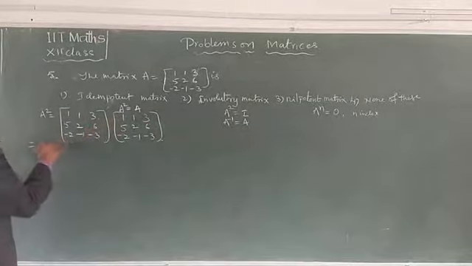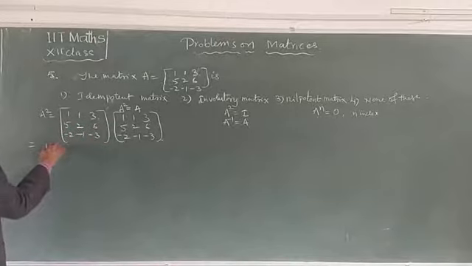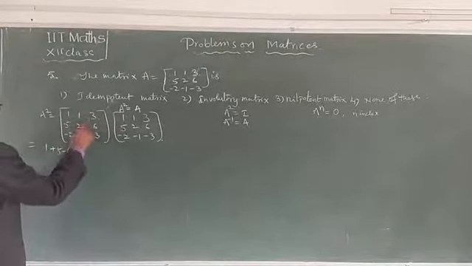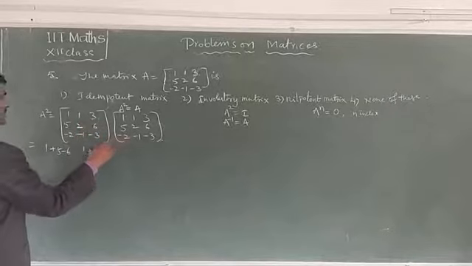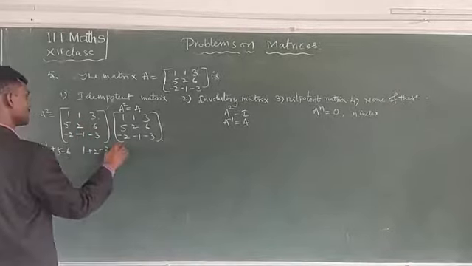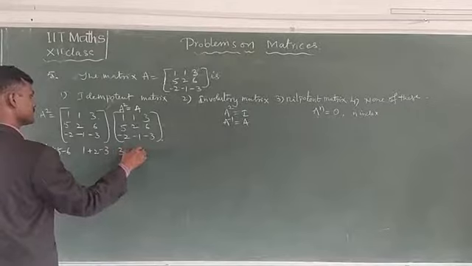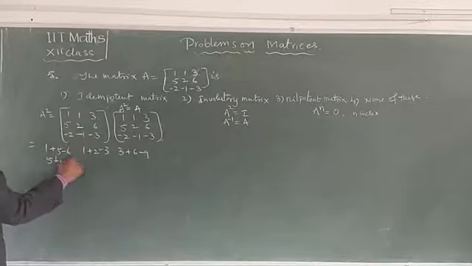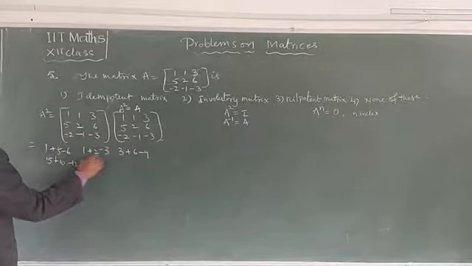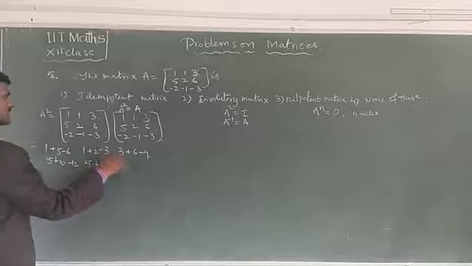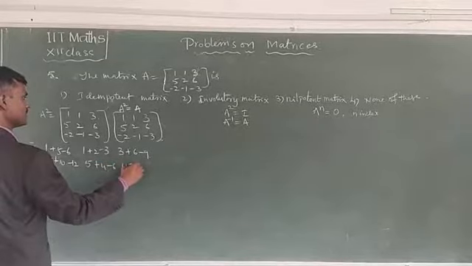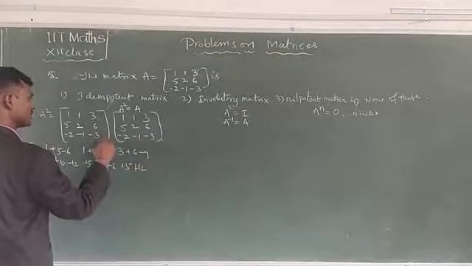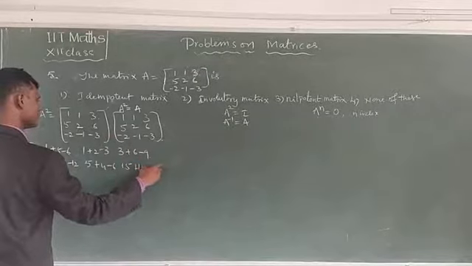Here 1 into 1, 1, 1 into 5, plus 5 and 3 2s are minus 6 and 1 1s are 1, 2 1s are plus 2, 3 1s are minus 3. Next, 1 3s are 3 plus 6 minus 9. Next 5 plus 10 and 6 2s are 12 and 5 4 minus 6. 5 3s are 15, 6 2s are 12 and 6 3s are minus 18.